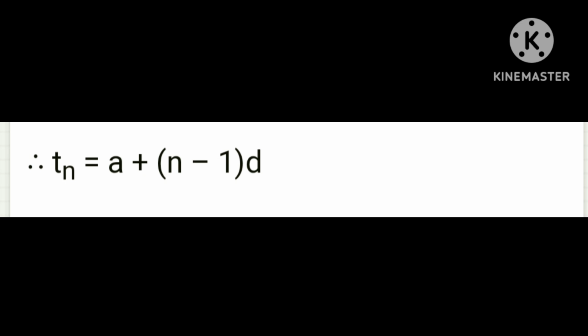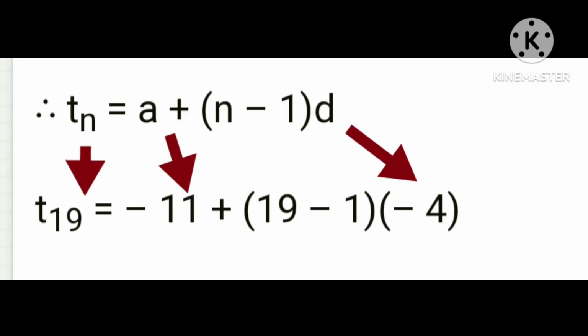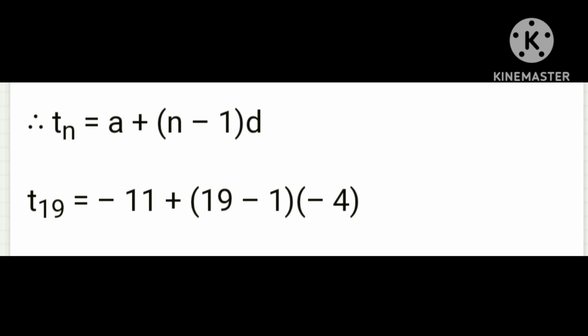The formula to find the nth term is Tn is equal to A plus n minus 1 into D. Here A means first term, n means the term number, and D means common difference. In our AP, A is minus 11, n is 19 and D is minus 4. Putting these values in the formula, we get T19 is equal to minus 11 plus 19 minus 1 into minus 4.